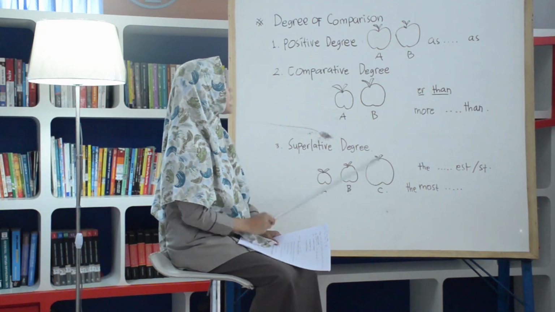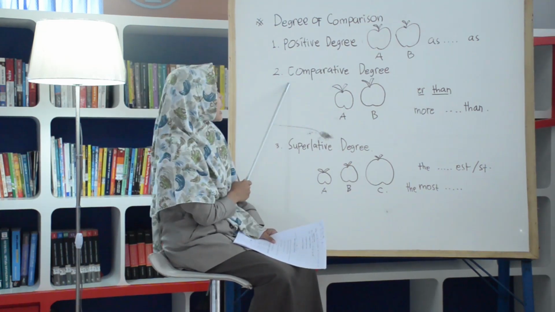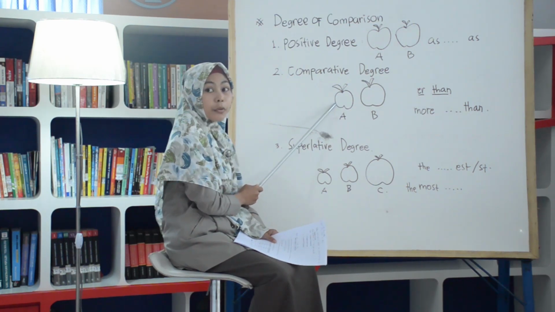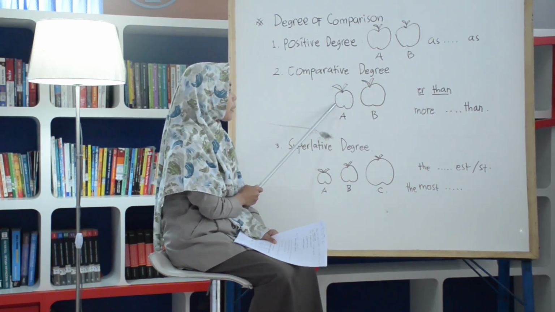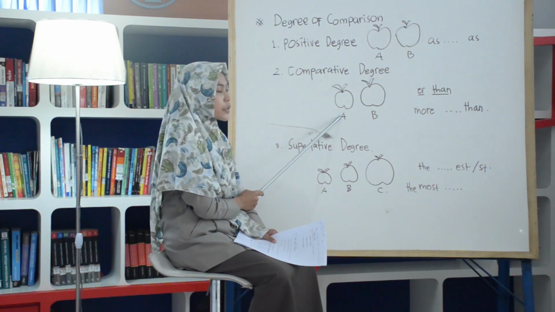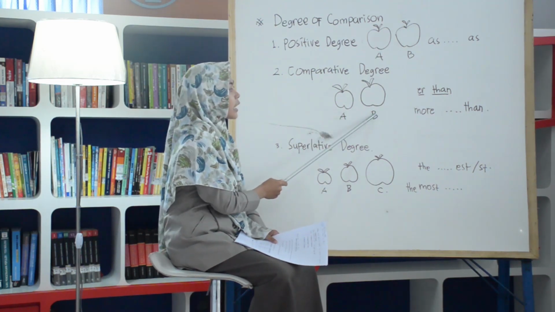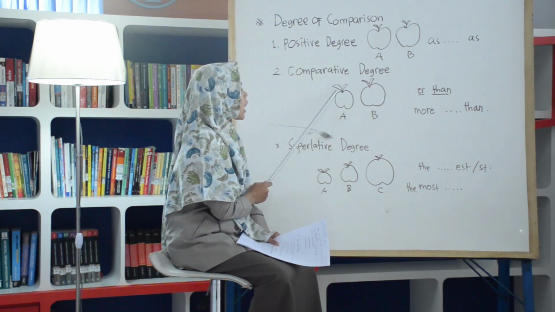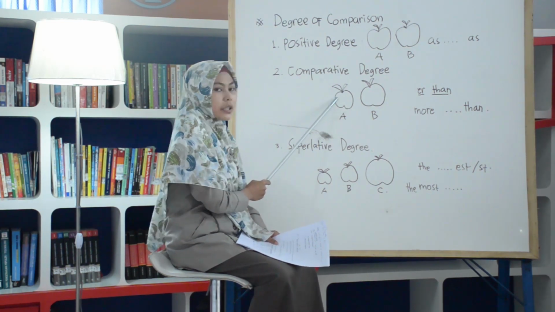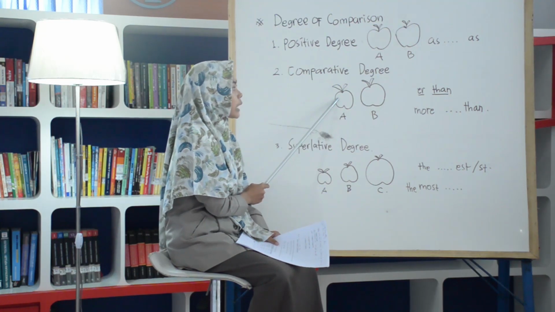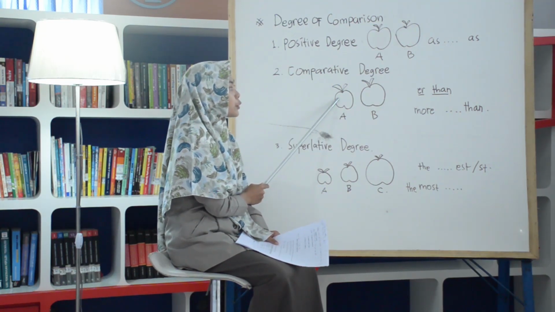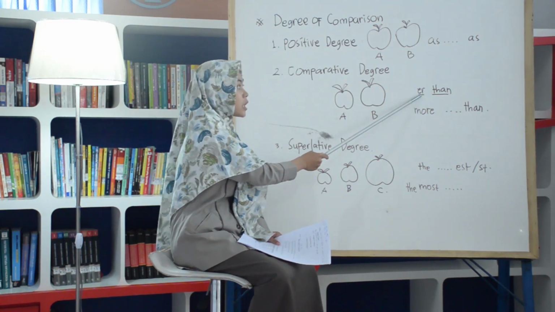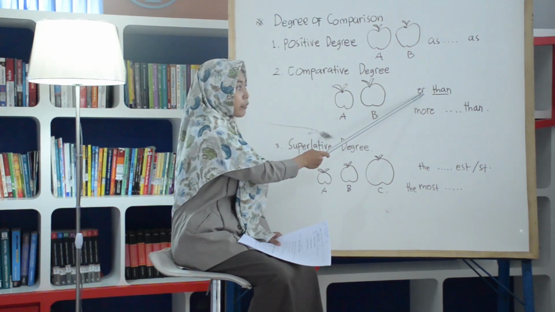The second is comparative degree. Like in the first, there are two kinds of apple, but the first apple is small and the second apple is bigger. In the comparative degree, the rule is you have to add er to the adjective.